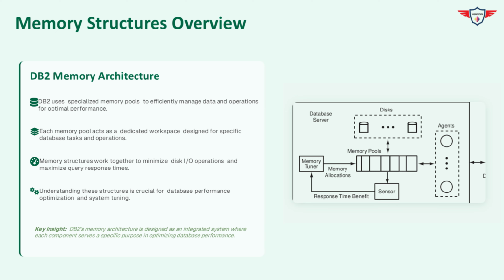Buffer pools handle data pages, EDM pools manage compiled code, RID pools optimize complex queries, and thread memory ensures smooth concurrent operations. Understanding this architecture isn't just academic knowledge, it's the foundation for making smart decisions about database tuning, capacity planning, and troubleshooting performance issues in production environments.